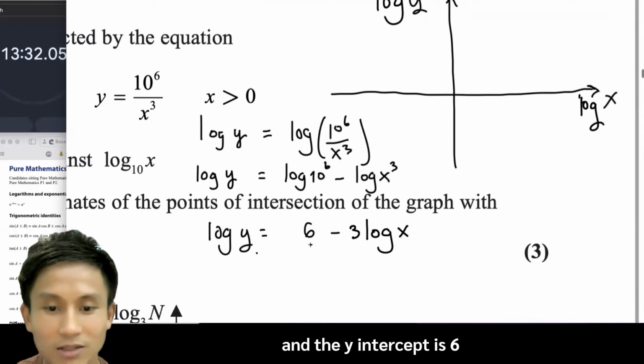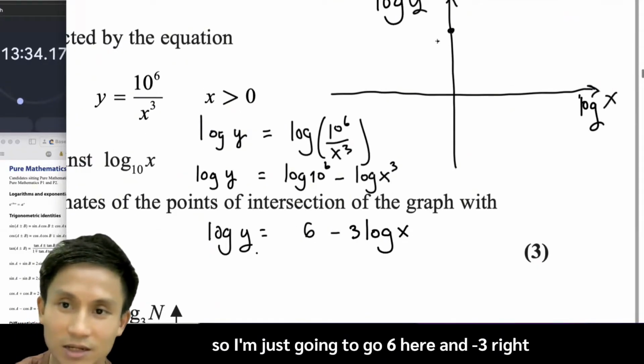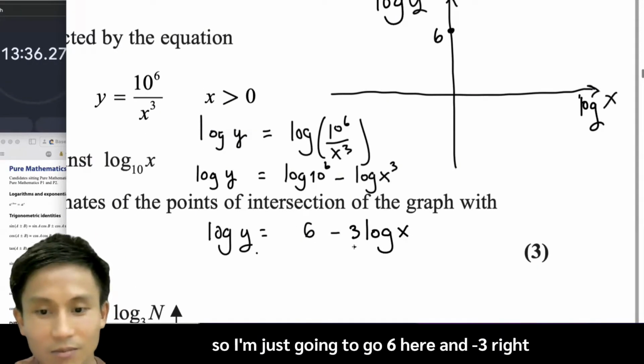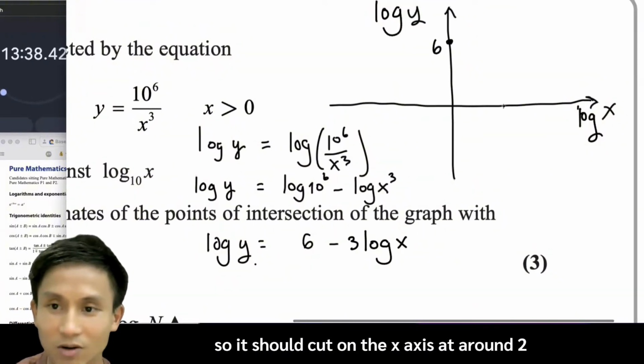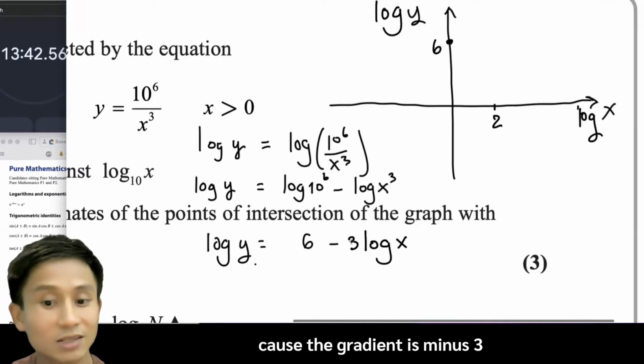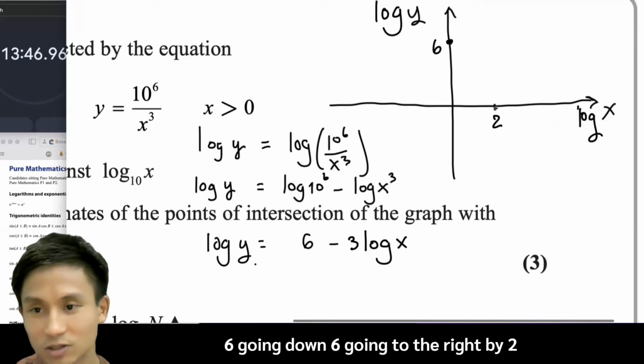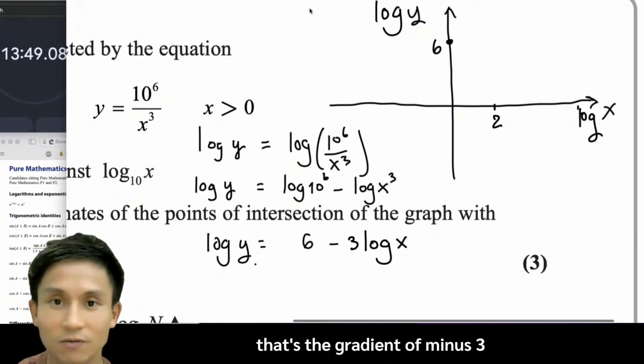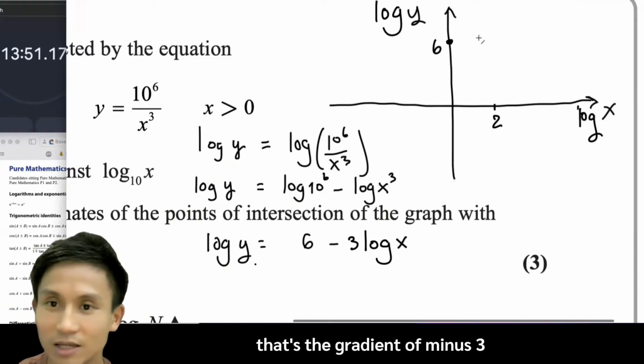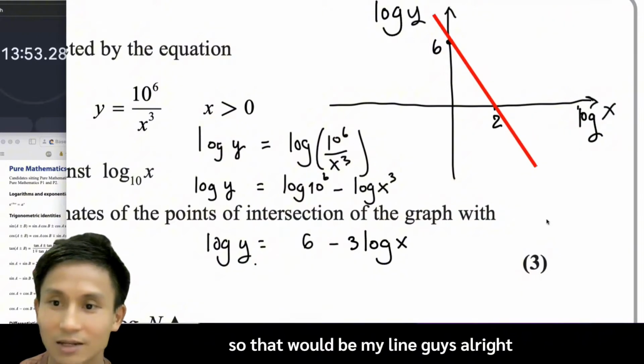And the y-intercept is 6. So I'm just going to go 6 here. It should cut the x-axis at 2 because the gradient is minus 3. So if you do the math, going down 6 and going to the right by 2, that's the gradient of minus 3. So that would be my line, guys.